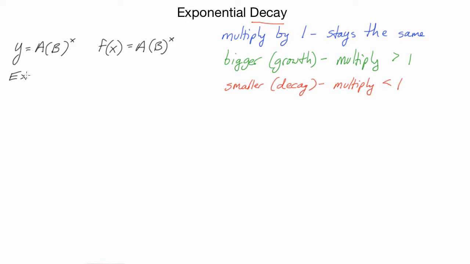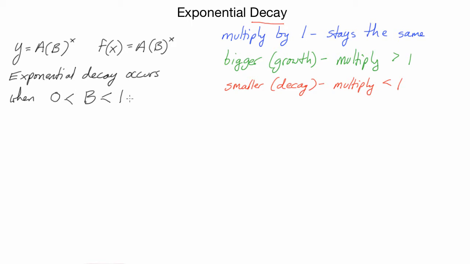Exponential decay occurs when our value for b is less than 1, but it also has to be greater than 0. So b is between 0 and 1. b can't be 0. I can't multiply by 0. b can't be negative because that's not even an exponential function anymore. But b has to be a number between 0 and 1. So it's like a fraction. It's a small decimal. It's a small number.